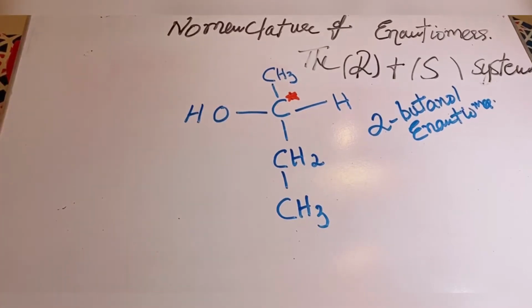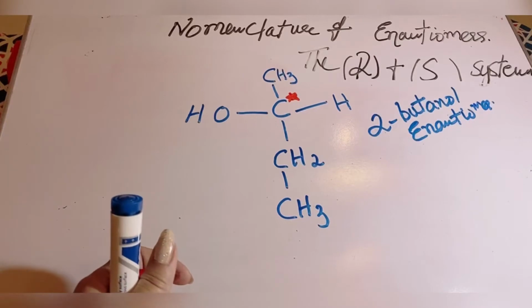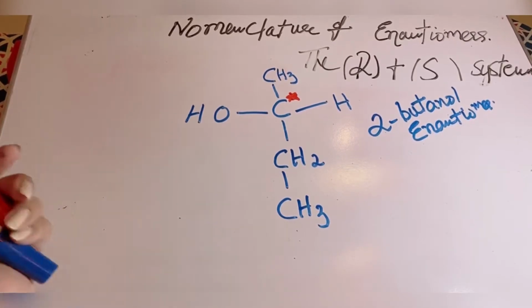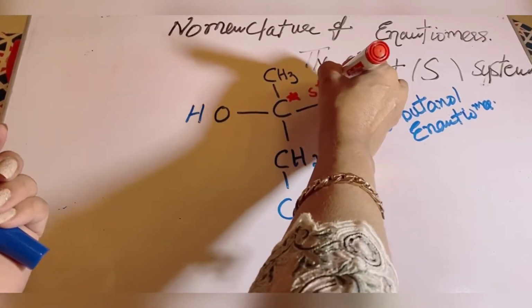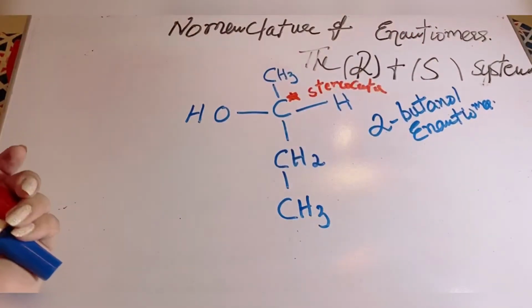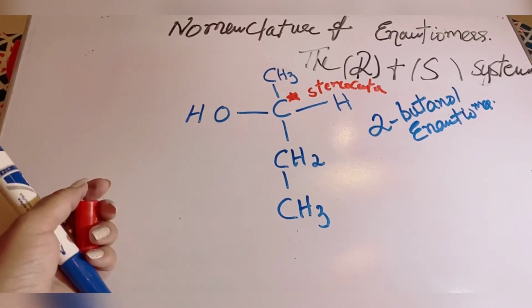Now these groups are attached to the stereocenter. This is also called a stereogenic center, or stereocenter. Now these groups will be given priorities, okay?